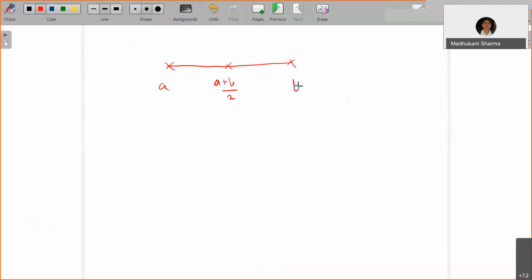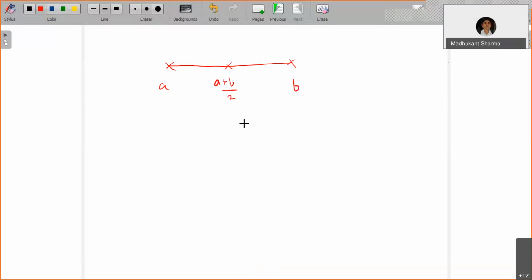Now note that whenever you are talking about polynomial interpolation, the order of the points x0, x1, x2 does not matter much, because of the uniqueness of the interpolating polynomial. So whether you take the order a, a plus b by 2, b, or a, b, a plus b by 2, you are going to end up with the same interpolating polynomial.